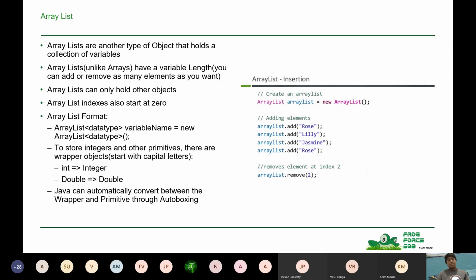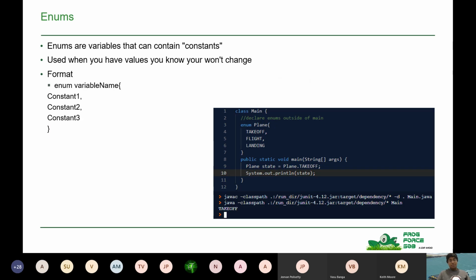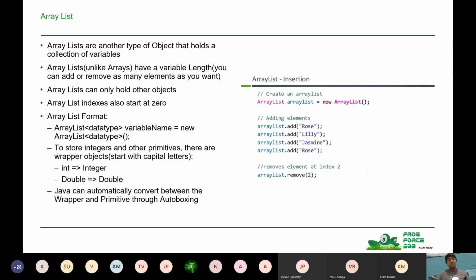Wrapper objects act like integers and doubles, but they're actually objects instead of primitives. So for int, you use Integer. For double, you'd use Double, with an uppercase D. Boolean would be Boolean, and so on. So it's basically the name of the primitive, capitalized, that is the wrapper object for that primitive.